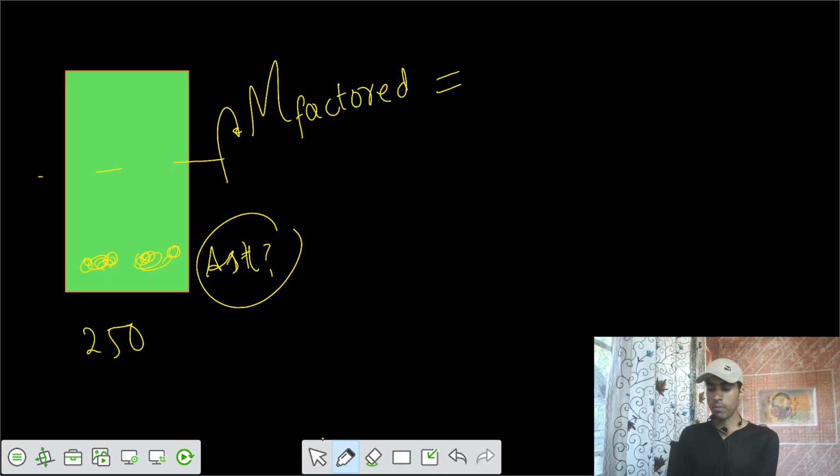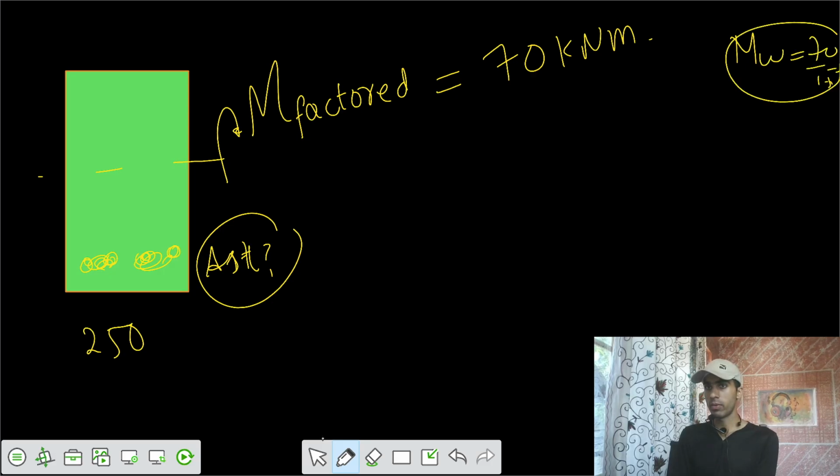M factored equals 70 kilonewton meter. That means M working is 70 by 1.5. So this is our factored moment. That means we can write it as MU external 70 kilonewton meters.